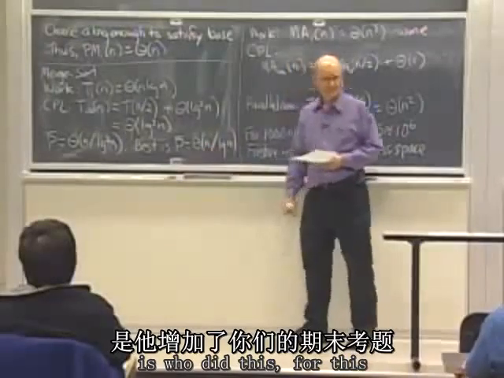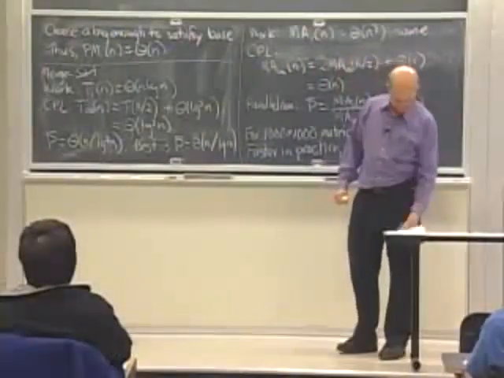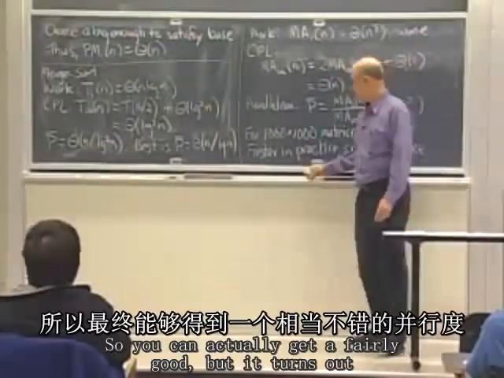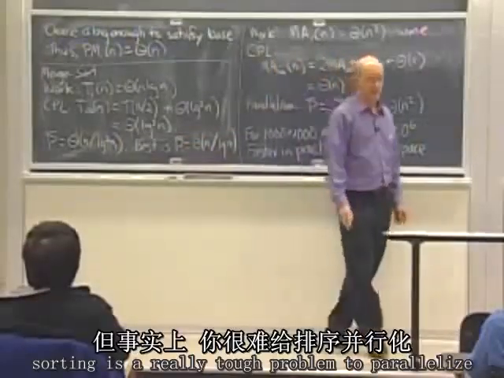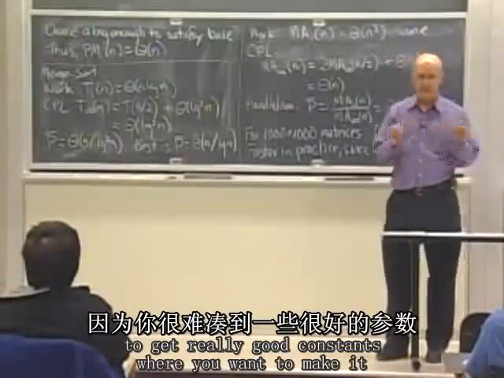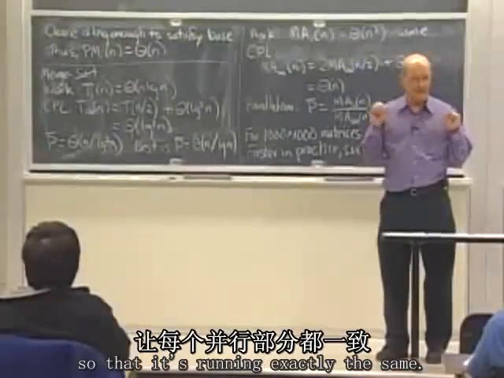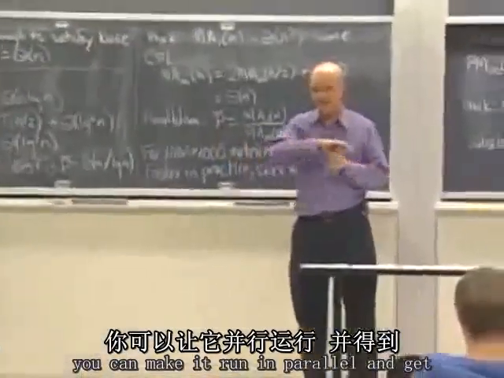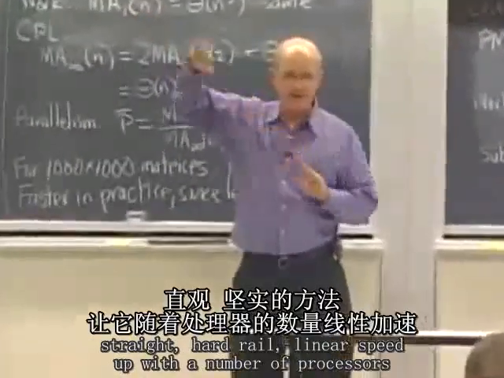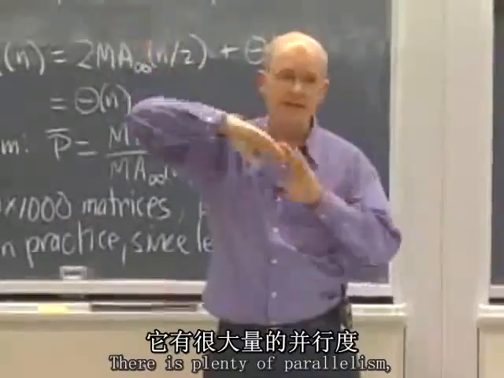So you can actually get a fairly good result, but it turns out sorting is a really tough problem to parallelize with really good constants. Matrix multiplication, you can make it run in parallel and get straight linear speedup with the number of processors. There's plenty of parallelism.